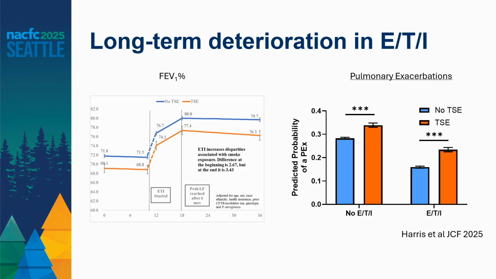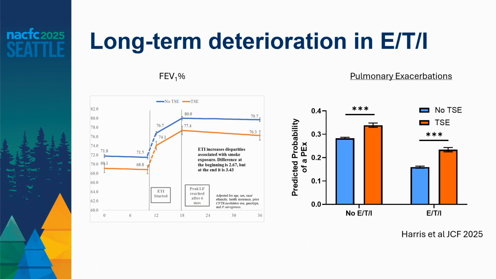And then with ETI, we see a parallel improvement of about 5.7%, and then ongoing improvements for the first 6 months. But after 6 months, we see a disparity between the smoke exposed and the unexposed groups. So the unexposed group stays pretty much the same over time, but the smoke exposed actually resumes the monthly decline in lung function.